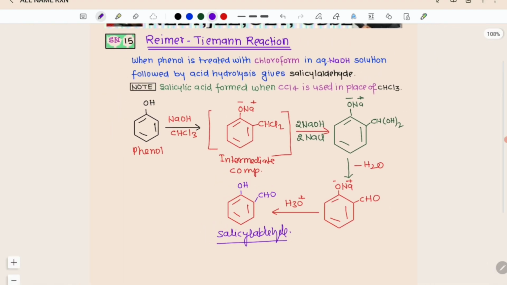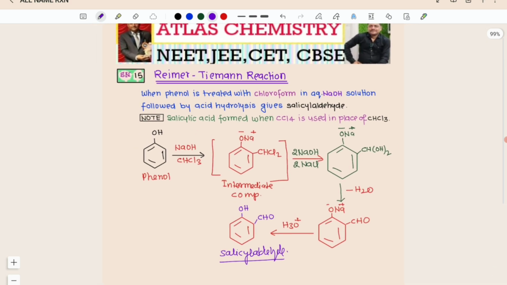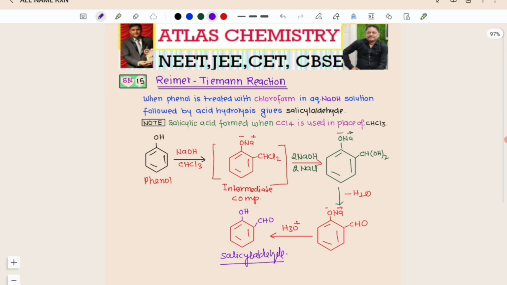So the final product of this reaction is salicylaldehyde, and this reaction is known as Reimer-Tiemann reaction.